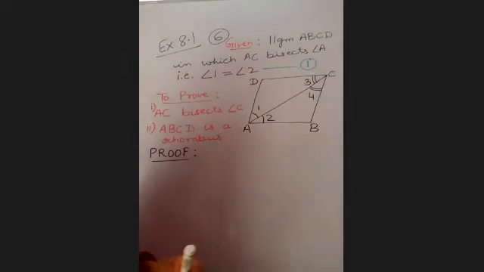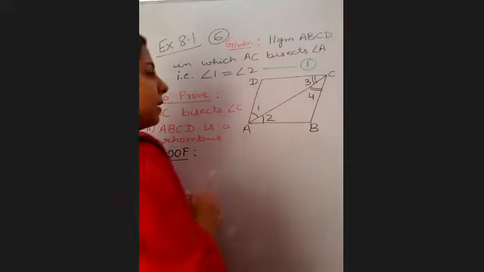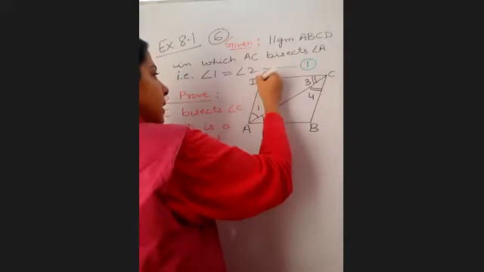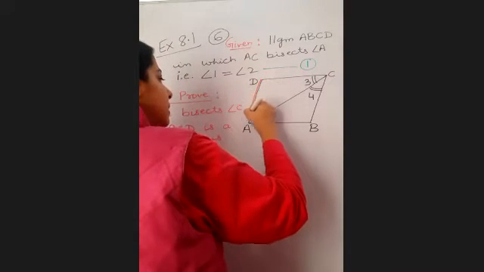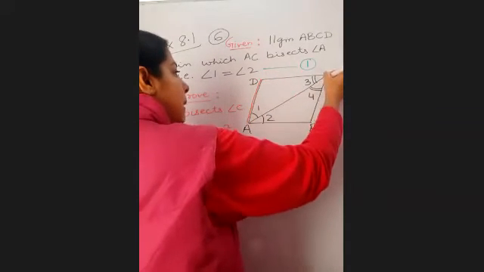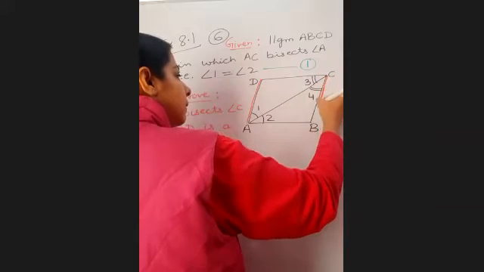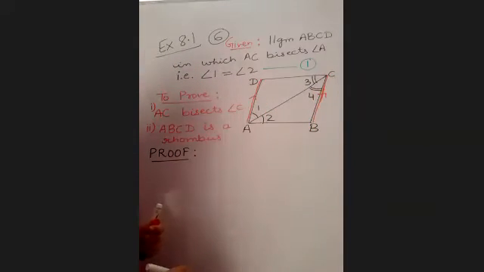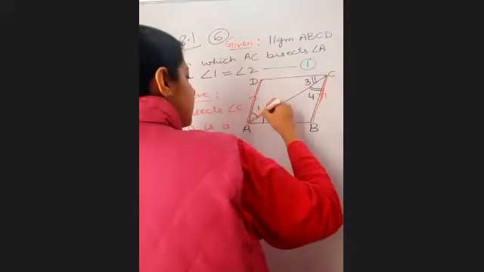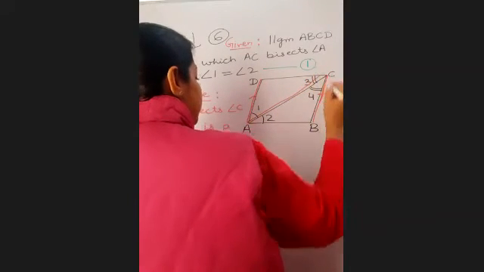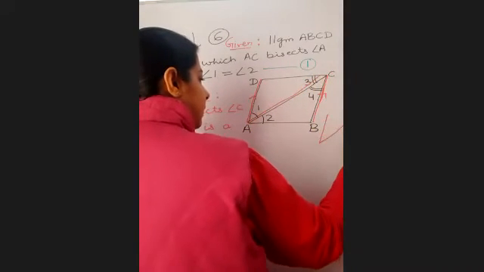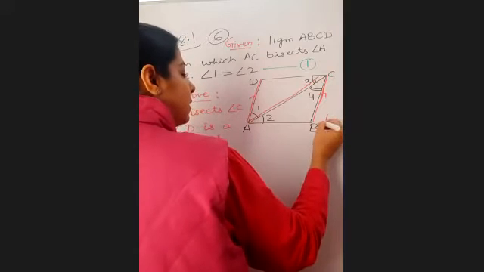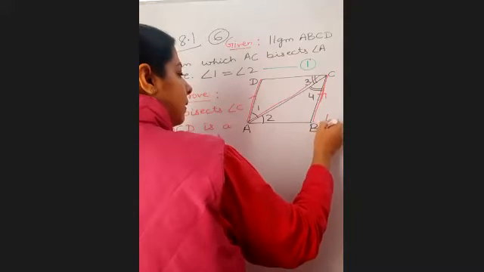Now just see. We are given ABCD as a parallelogram, children. Does it mean that this AD is parallel to this BC? Yes, ma'am. Now when these are parallel, consider this shape, the Z. What will be the conclusion when two lines are parallel? Alternate angles are equal.